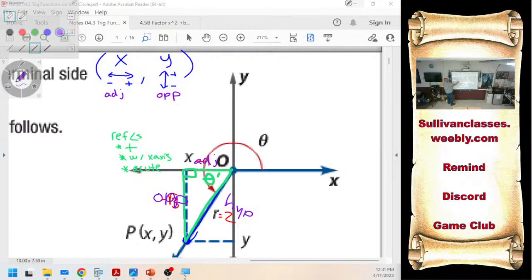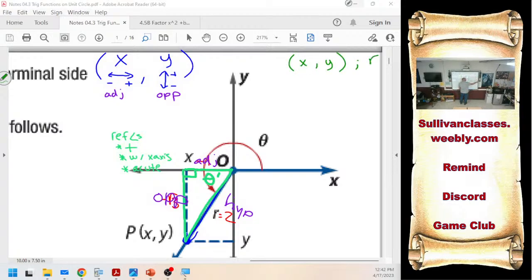Which is why, if you look next to this, they're called the XYR coordinate shortcuts. X, Y with a radius is going to be the same as adjacent, opposite, hypotenuse.